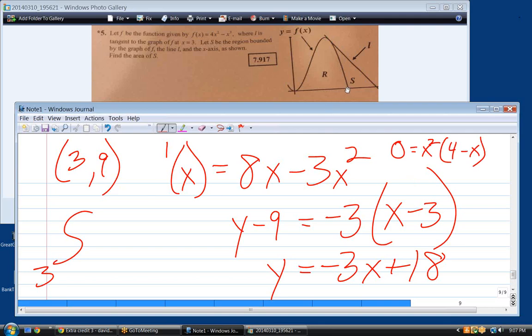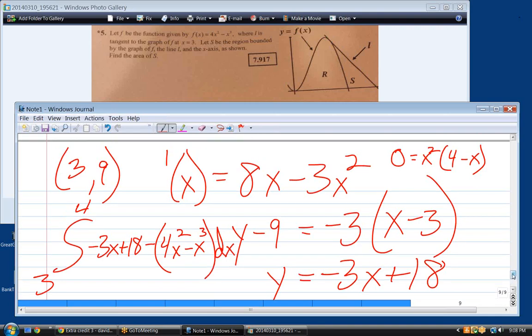So that point is 4. To get the area of this part, I'm going to take this function minus this function. So I get minus 3x plus 18 minus, let's use parentheses, 4x squared minus x cubed. That'll give me the area from 3 to 4.